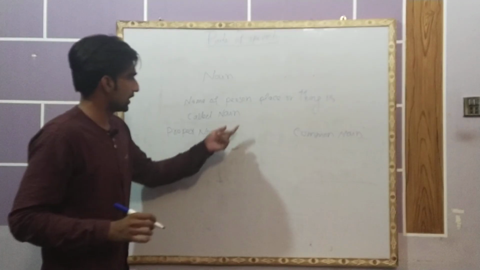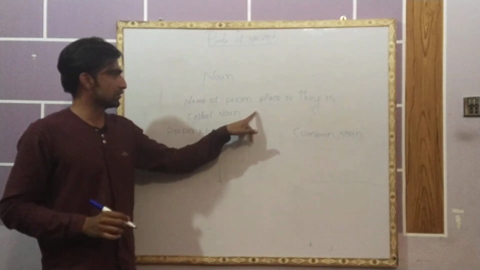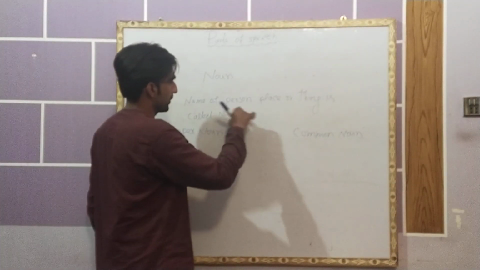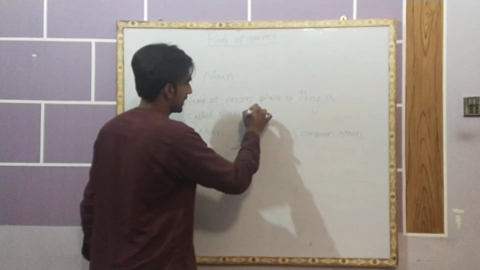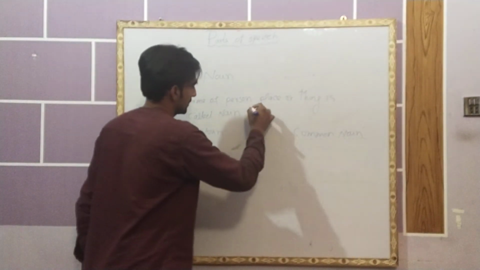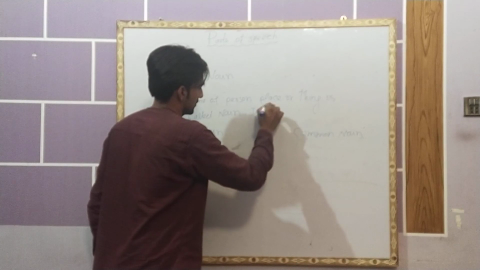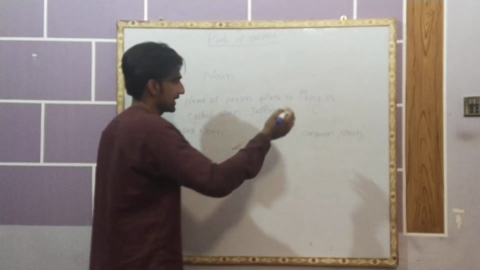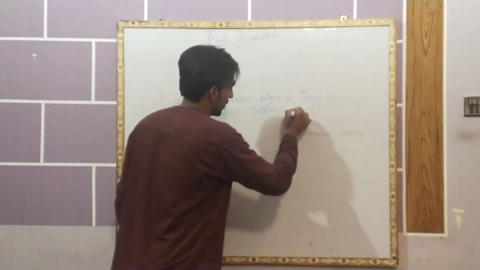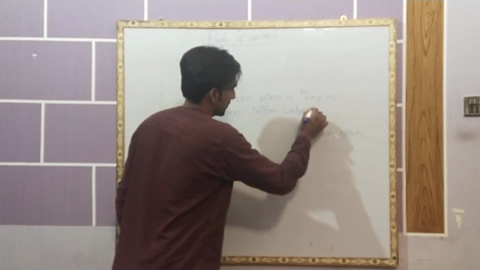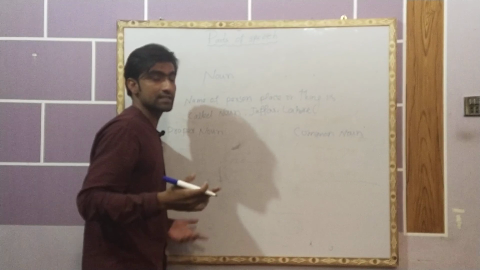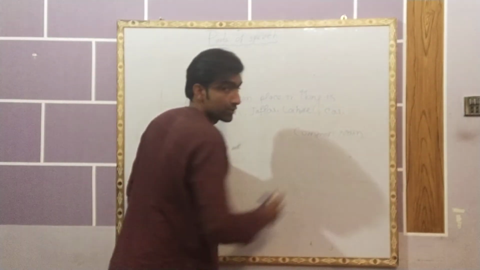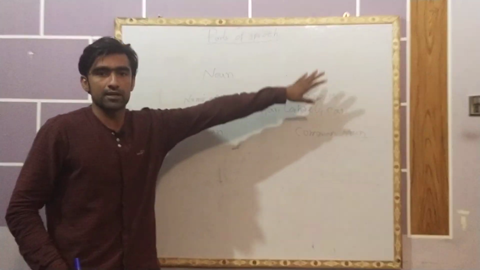First I want to tell you three examples according to the definitions. For a person, there can be any person, like I write my own name, Jafar. Place means any place, like I write here Lahore. For things you can write anything, like I write here car, any materialistic thing you can write here.